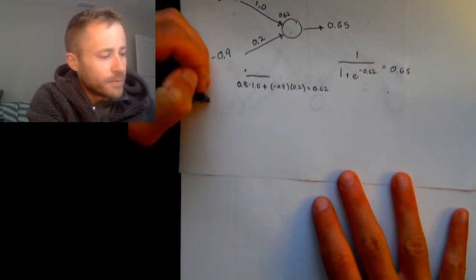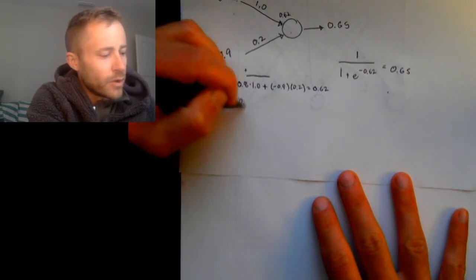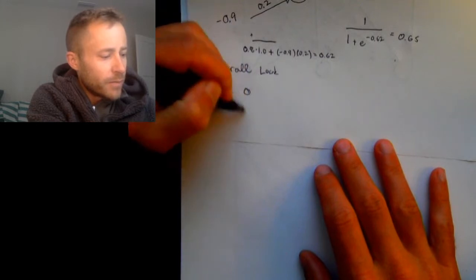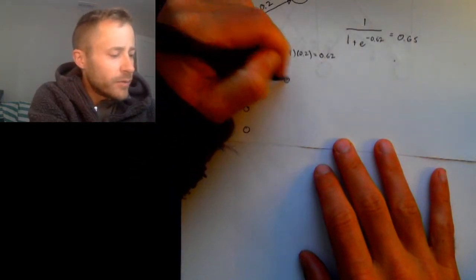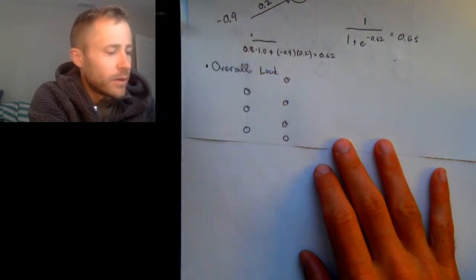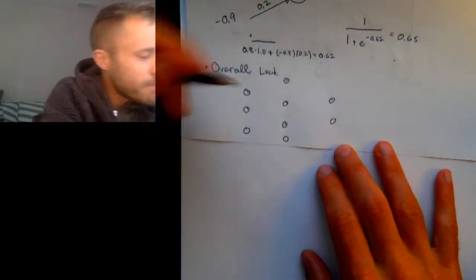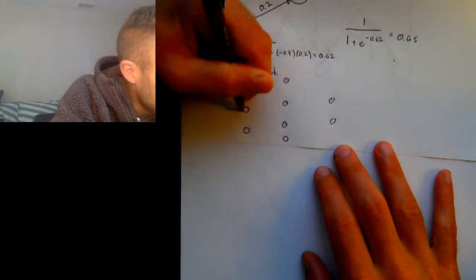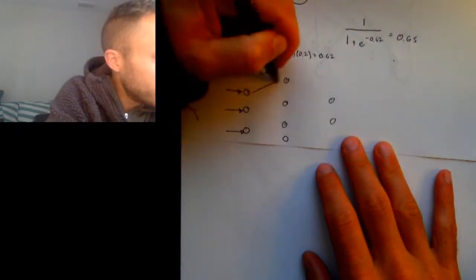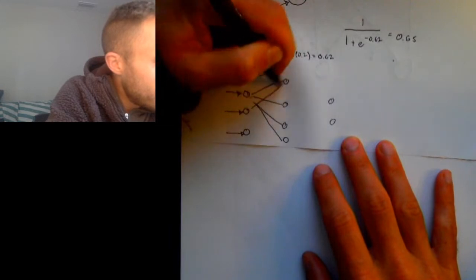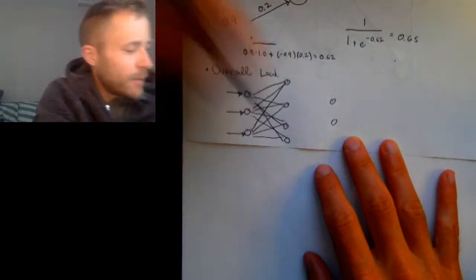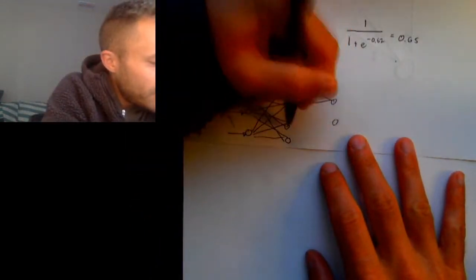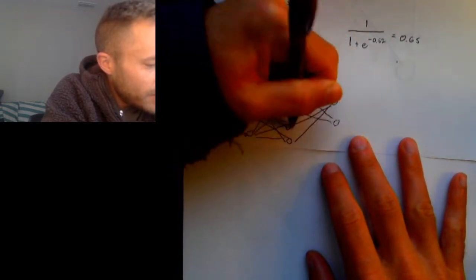So the overall look of a neural network: you have a number of nodes, of neurons, and then maybe you have another layer, and then, okay, so we got inputs.